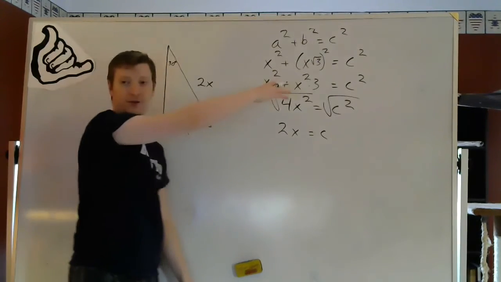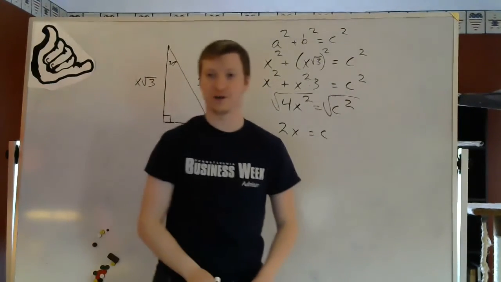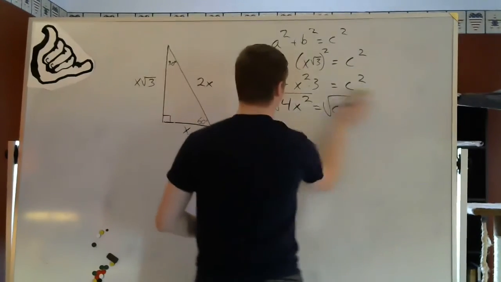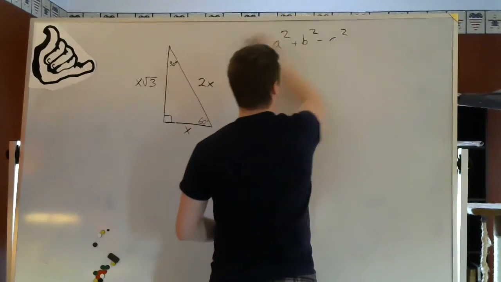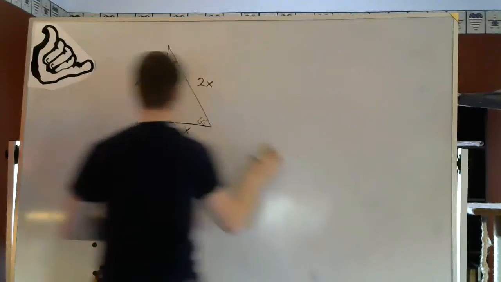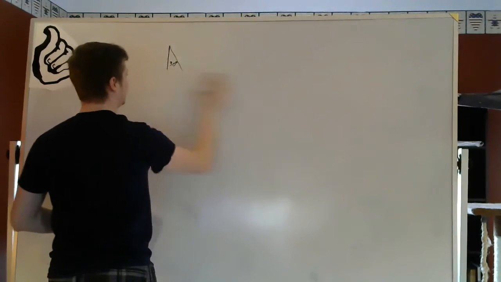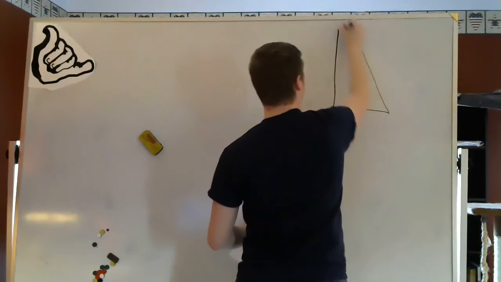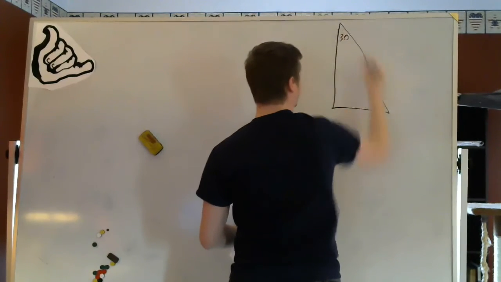So I'm going to put that up here in the corner, and we're going to take a look at a couple practice problems and see if we can figure out a little bit of this extra stuff, what this might look like on the worksheet that you will have for practice tomorrow. So here is our 30, 60, 90 triangle.